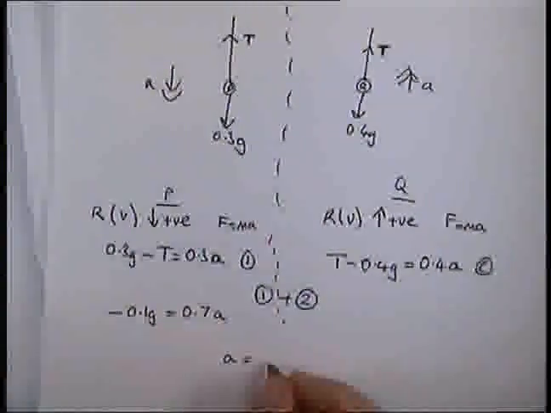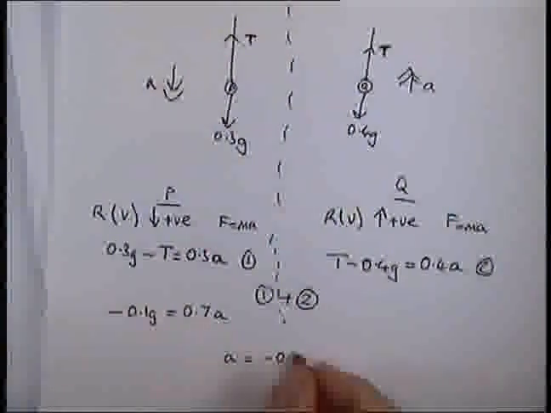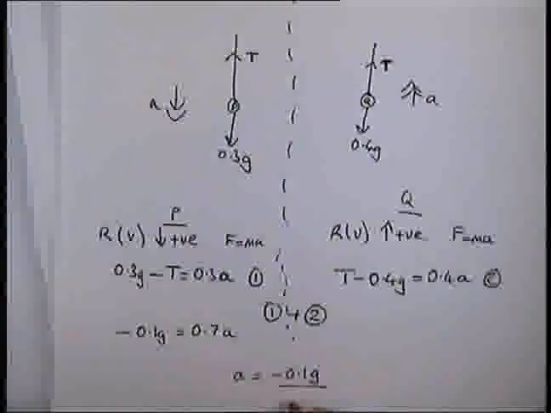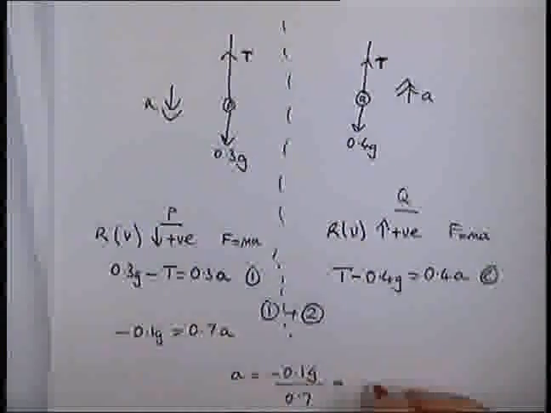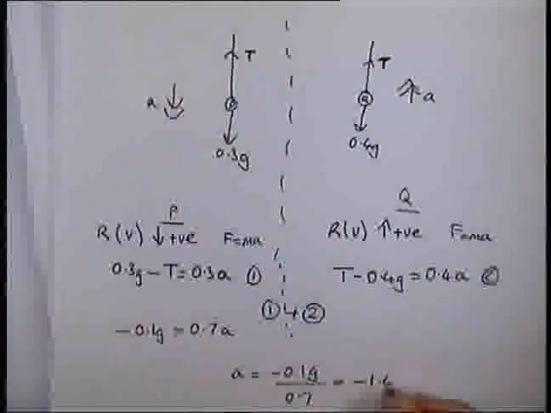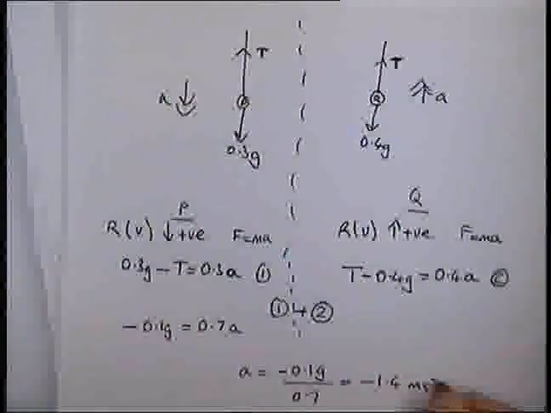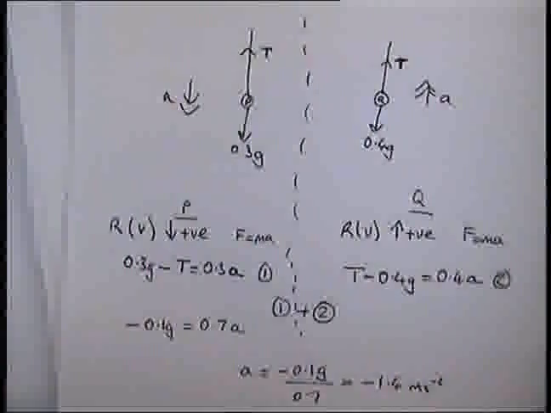So I'm left with A is equal to negative 0.1 g divided by 0.7, which if you put that into your calculator, you do get the acceleration we're after, which is negative 1.4 meters per second squared.